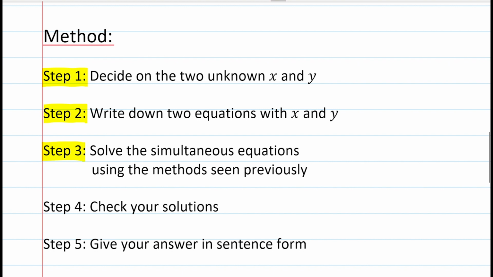Then you can solve the simultaneous equations using the methods seen before, elimination or substitution. Once you find your solution, you need to check that your solutions are valid and that you did not get an extra solution. Finally, you can write your solutions in a sentence.